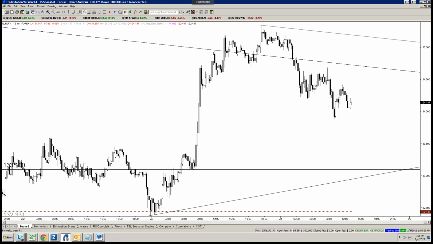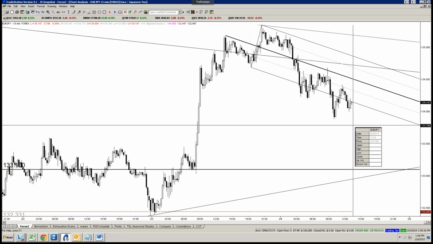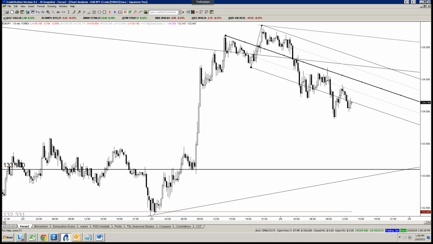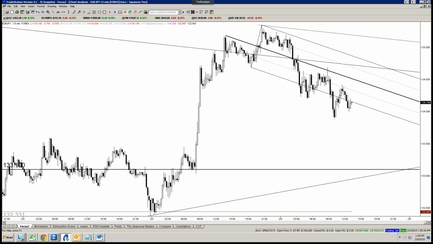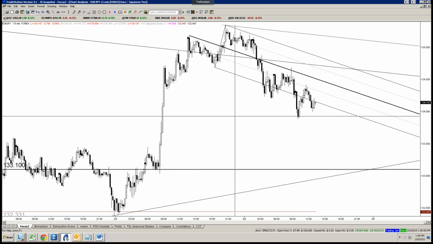You can obviously keep going shorter term as you want. And put on something like this. You'd be looking at resistance at either the median line or the upper parallel for a move higher, and then a drop into 133.10. Okay.